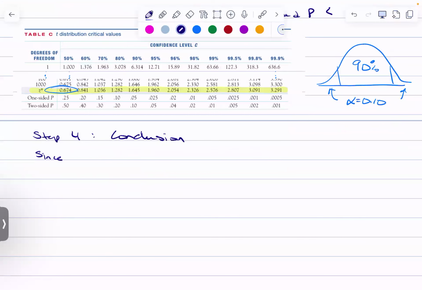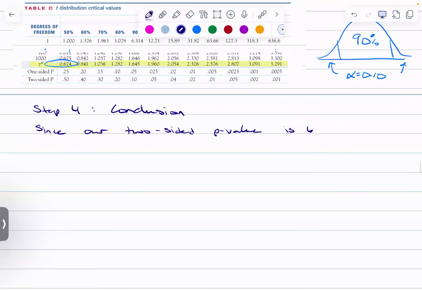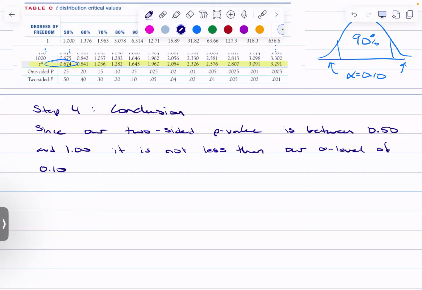So we say, since our two-sided p-value, giving all the information that you've worked so hard to get, you know that you needed a two-sided test and you know what your p-value is, or at least a range for it, between 0.5 and 1, it is not less than our alpha level of 0.10.